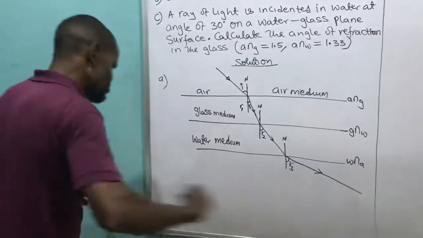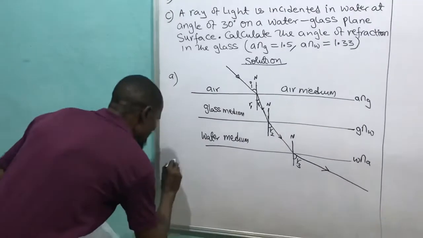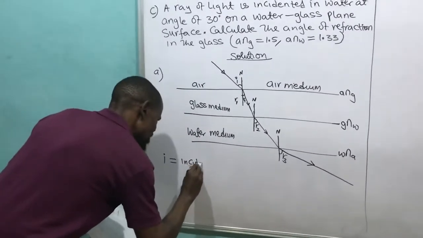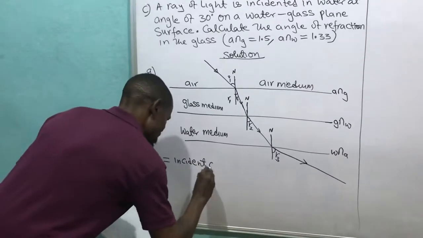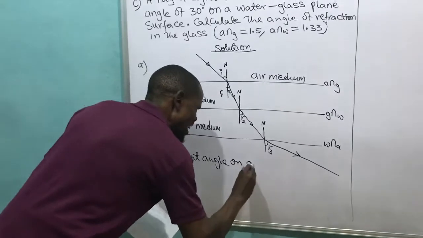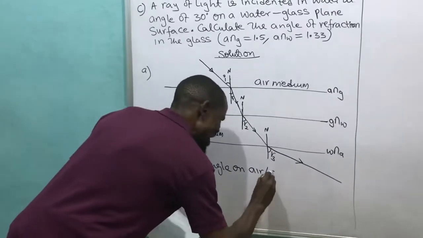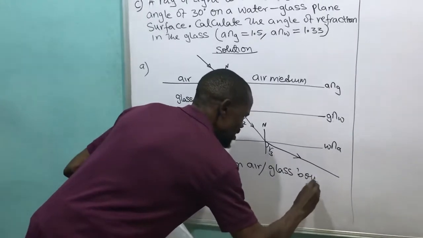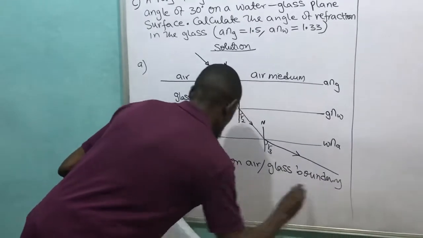So let me give you more explanation. I said i is equal to the incident angle on the air to glass boundary. Glass boundary. Get me right, cool down.